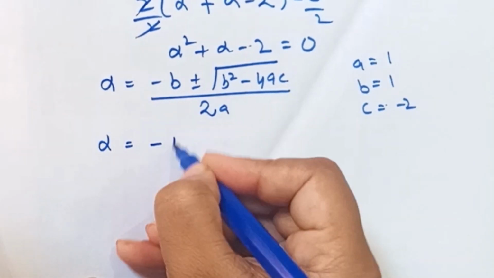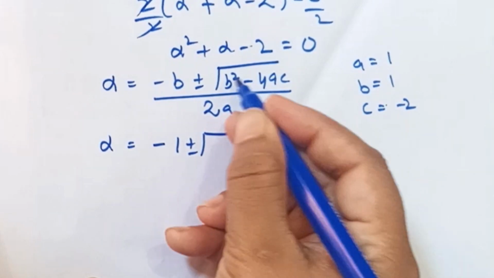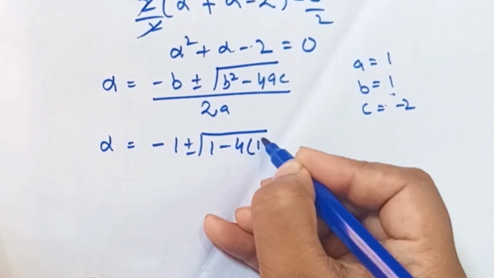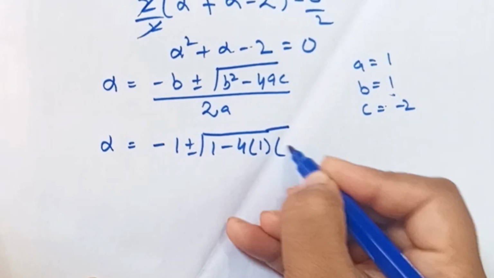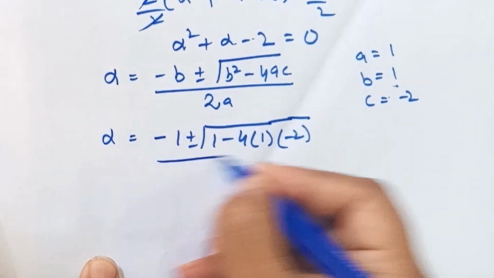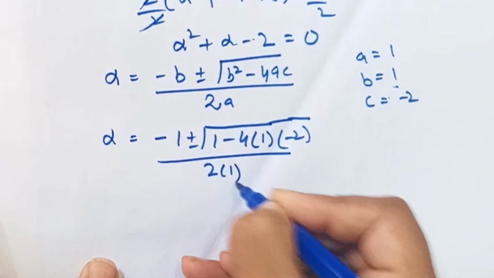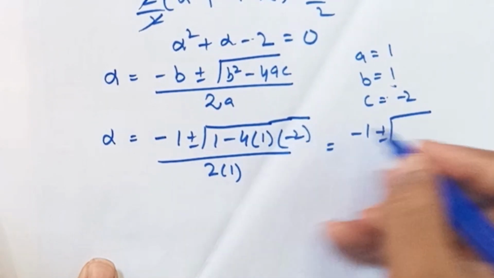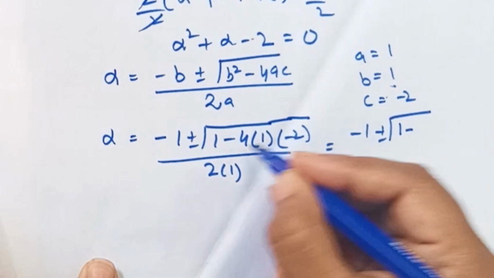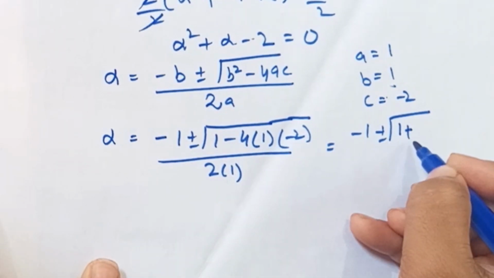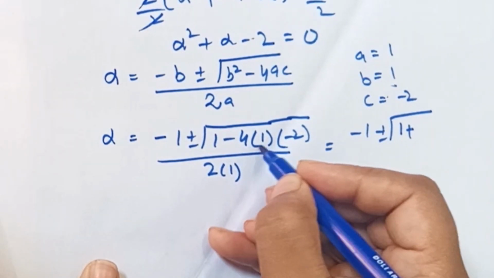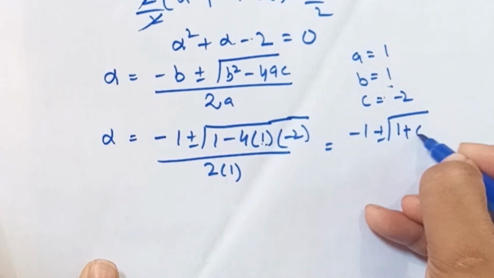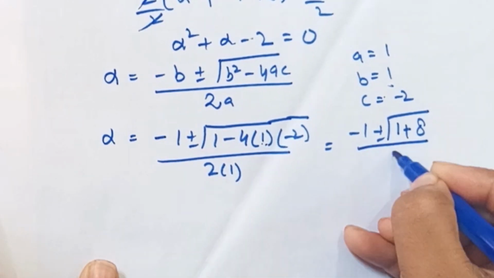Minus b is minus 1, plus minus square root of b square, which is 1 square, which is 1, minus 4 times a, which is 1, and c is minus 2, over 2a, which is 2 ones are 2. So this is equal to minus 1 plus minus the square root of 1, and minus times minus will become positive, so we write plus 4 times 2, which is 8, over 2.